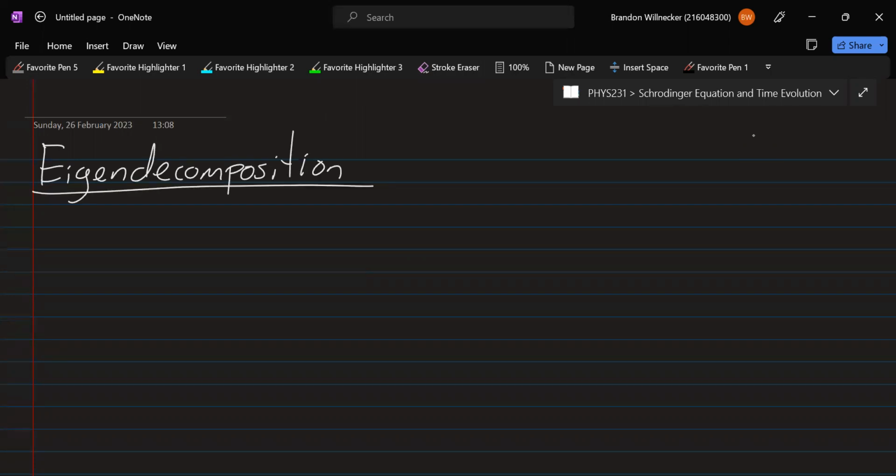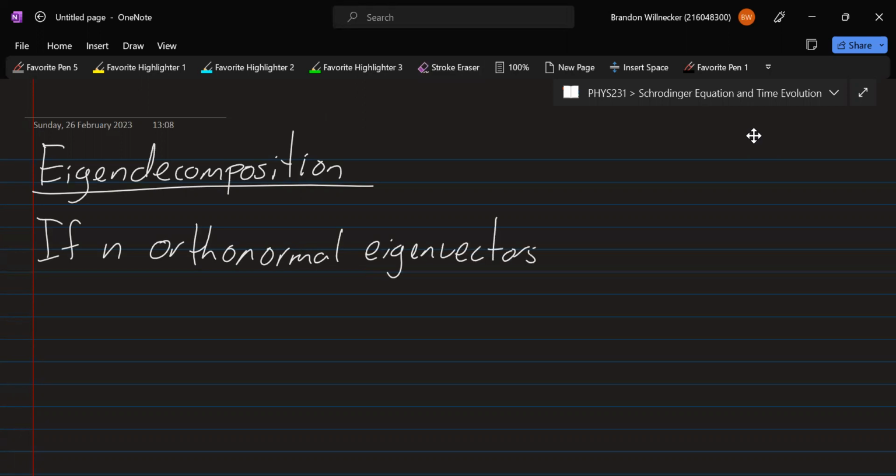We did cover this before, but I just want to go over it again because we're going to be using it for this example. So if n orthonormal eigenvectors, let's call them 1 to n. Again, the 1 to n, those are just labels.